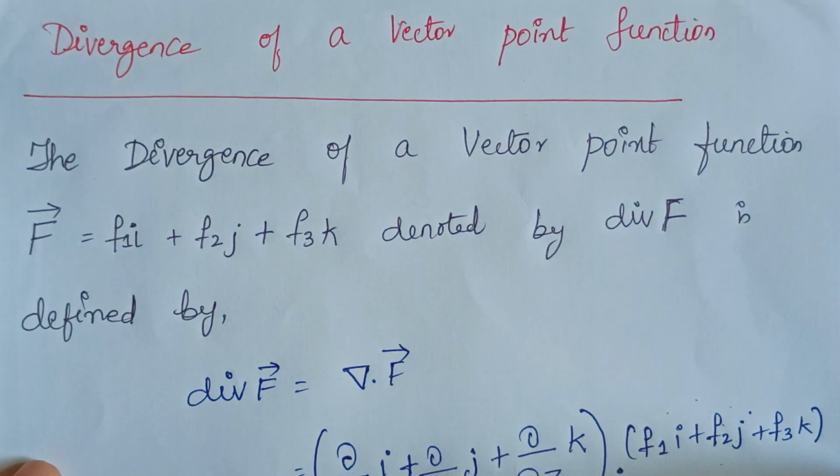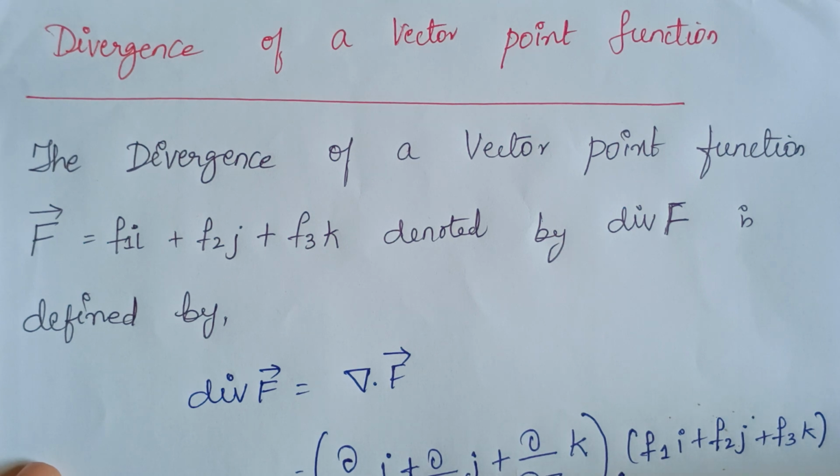In this video, we are going to dive deep into the divergence of a vector point function. Let's see what divergence is in vector calculus. You will understand the concept of divergence of a vector point function, what it means, how to calculate it, and how it shows the behavior of vector fields like fluid flow or electric fields.